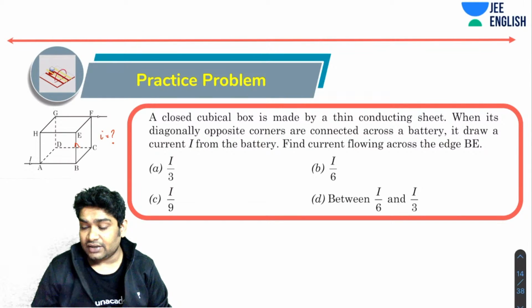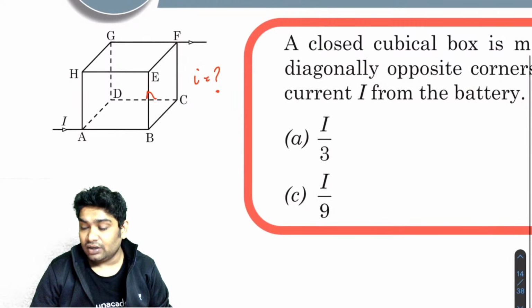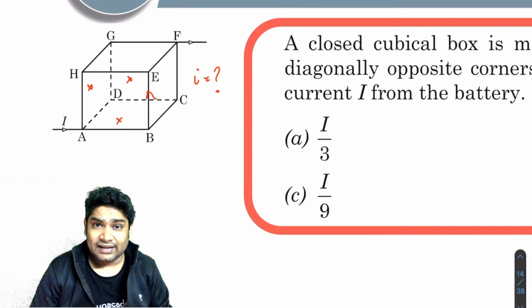You can realize whatever current enters through here, it will divide into three phases: this one, this one, and the bottom one. And the current dividing into these would be I by 3 each, right?